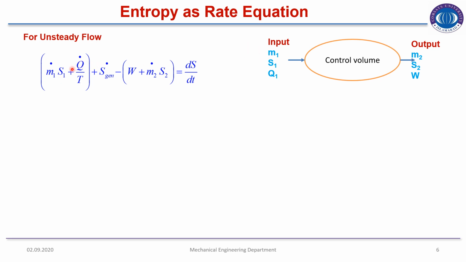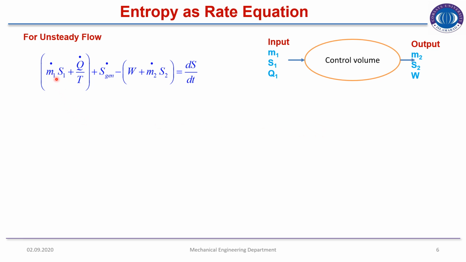As you can remember, when we were deriving the steady flow energy equation, first we had the equation that was multiplied by mass flow rate, and that has a value of capital Q, and its unit was kilojoule per second or kilowatt. Then we divided that equation by mass flow rate, and the whole equation's unit changed into kilojoule per kg.